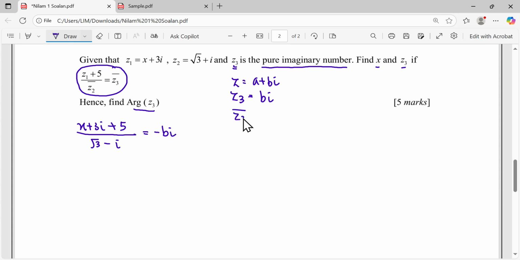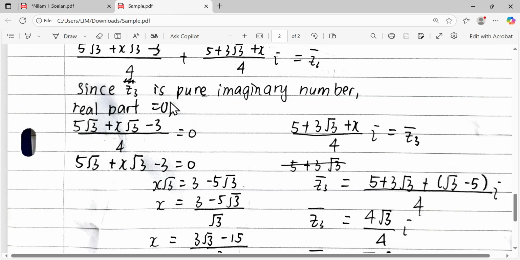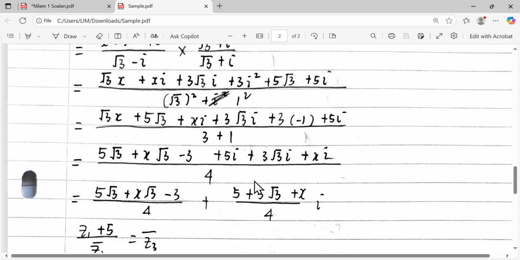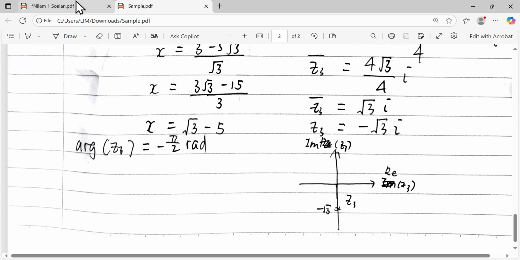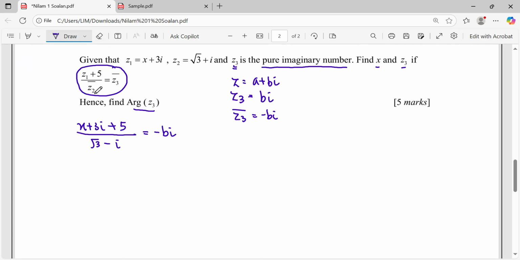So the conjugate of Z3 is negative bi. So in order, you do it directly, times with this conjugate, and then compare left hand side and right hand side. The advantage of equation, you bear in mind, is you can move. You can times your denominator to the right hand side. You just do multiplication. If you leave it in the division here, you need to do the division concept.